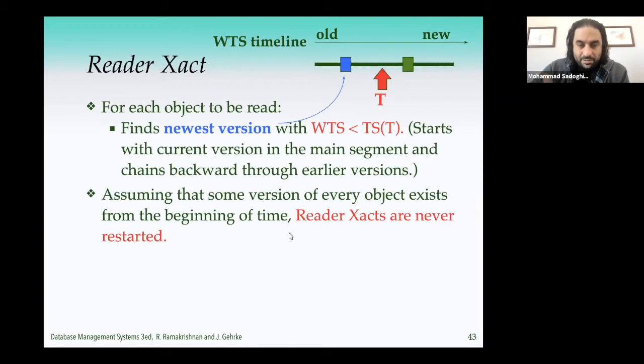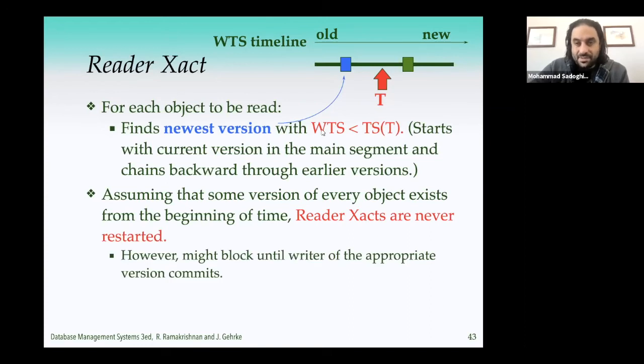And assuming every object has some initial version, the read can always get to read something as long as there exists a record to be read. But again, as I mentioned, if, for example, this green one wasn't there, and this blue one does exist, however, it's written by a transaction that hasn't yet committed, then T can go ahead and still read this record.